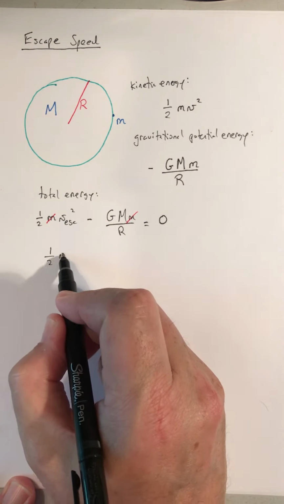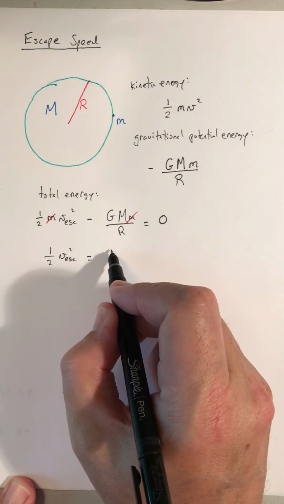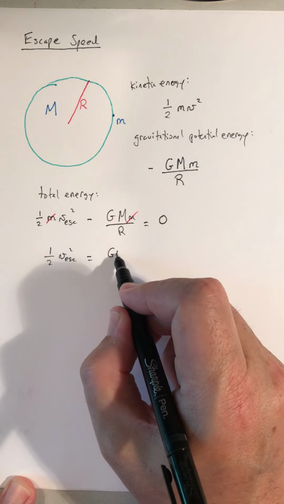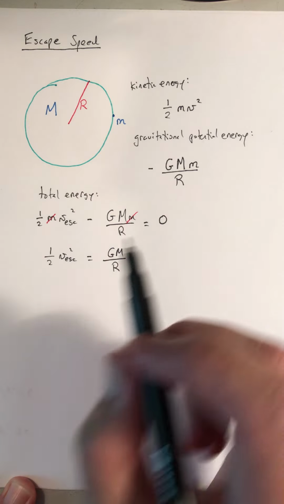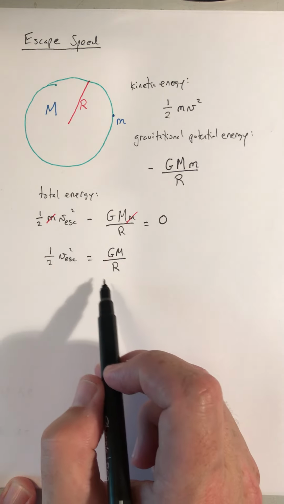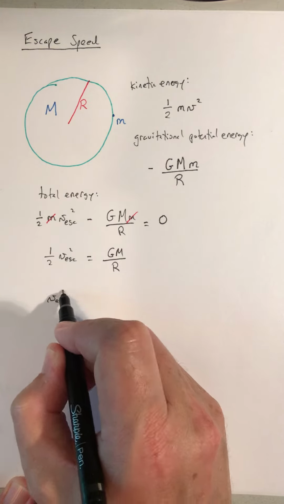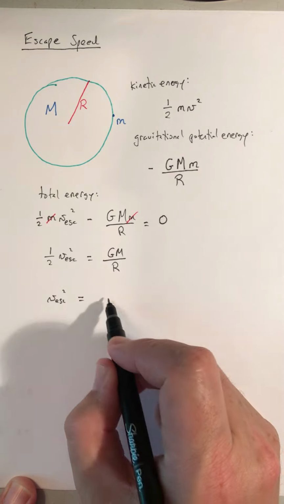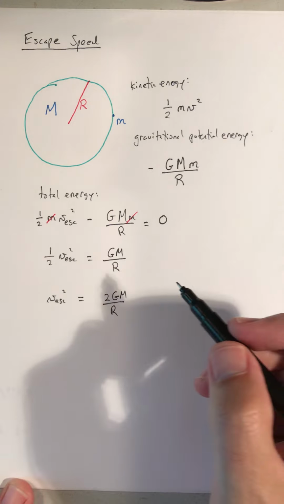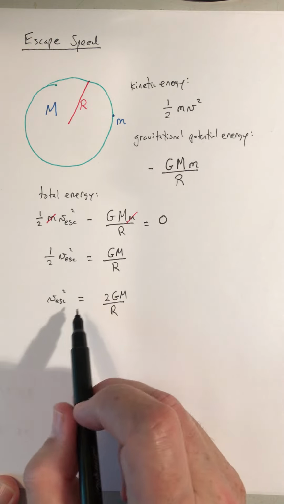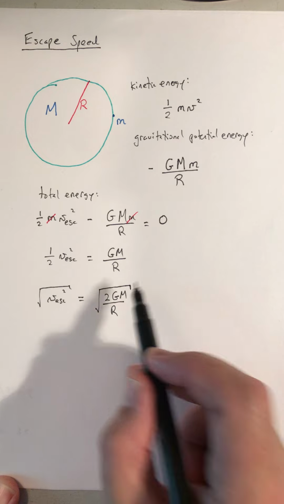I have a half v escape squared equal to the constant of gravitation times the mass of the planet over the radius of the planet. I need to multiply both sides of the equation by 2. So we'll have v escape squared is 2GM over R, and we clear the square by taking the square root of both sides.